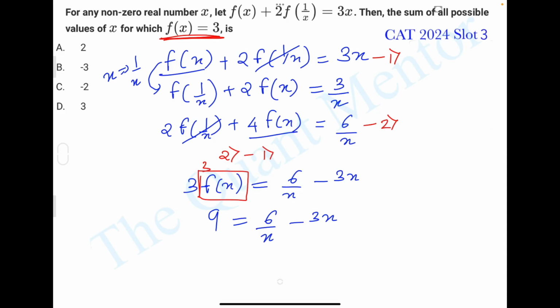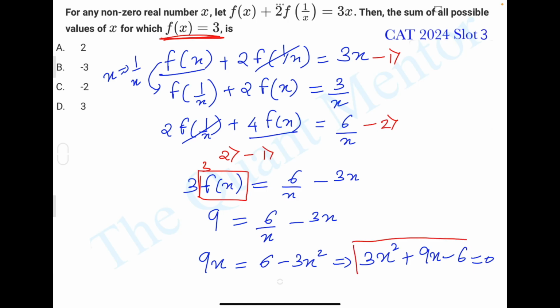We are just one step away from getting our answer. Multiply throughout by x. This equation will become 9x is equal to 6 minus 3x square. Or if you rearrange this equation, it will become a quadratic: 3x square plus 9x minus 6 is equal to 0.